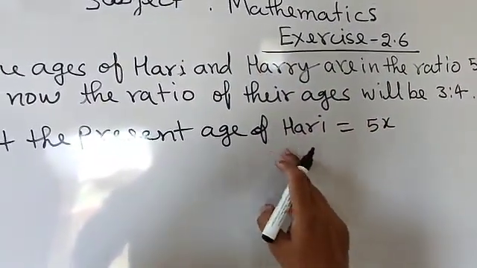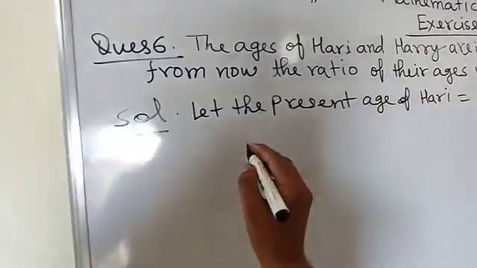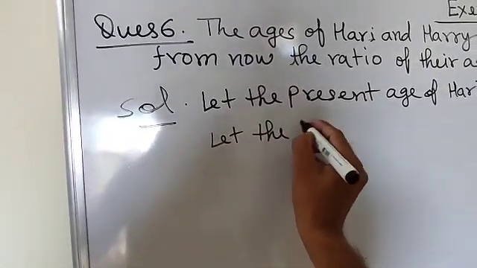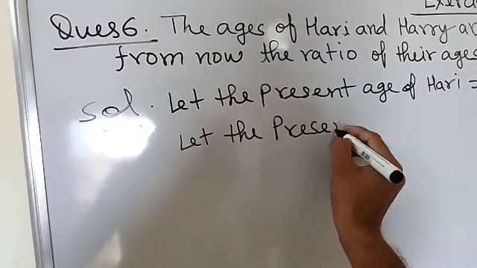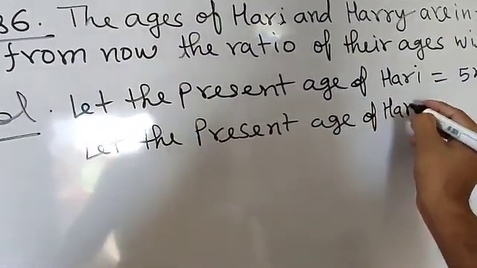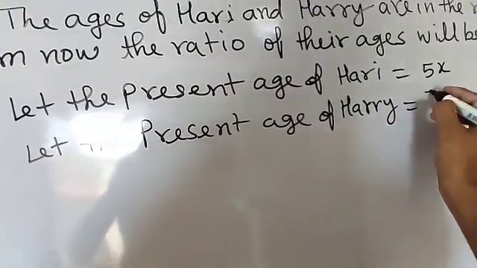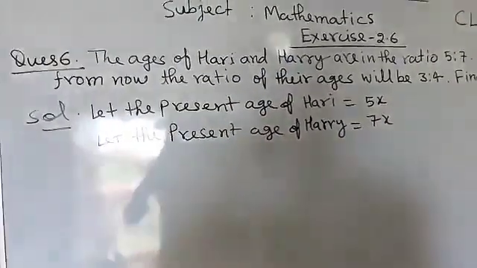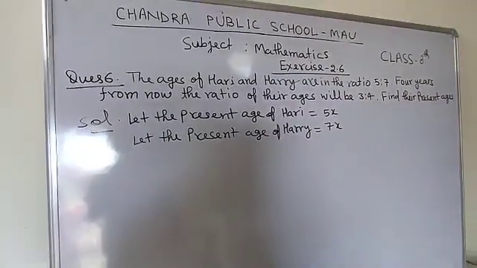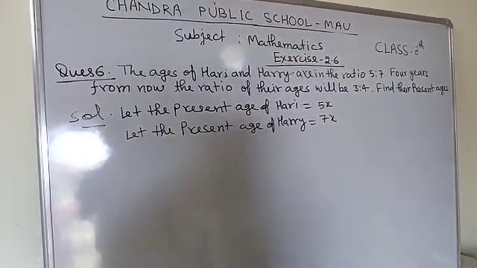So the age of Hari is equal to 5x and let the present age of Harry be equal to 7x. The ratio between their ages is given 5:7. So that will be 5x and 7x.